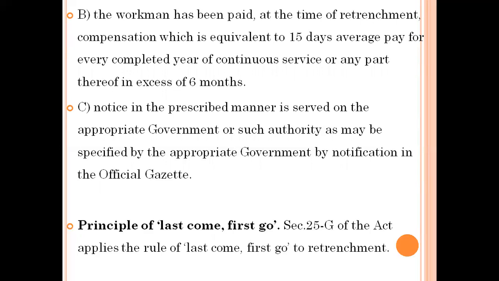Notice in the prescribed manner is served on the appropriate government or such authority as may be specified by the appropriate government. The principle of last come first go, section 25G of the Industrial Disputes Act, applies the rule of last come first go to retrenchment.